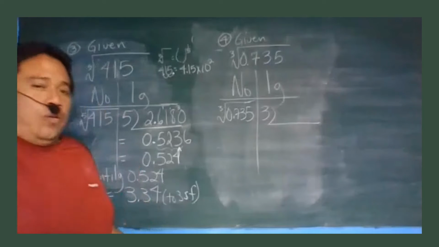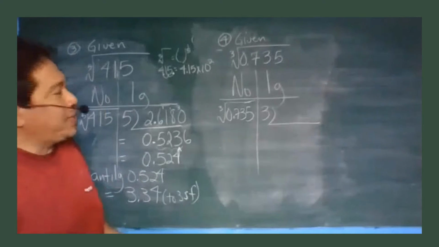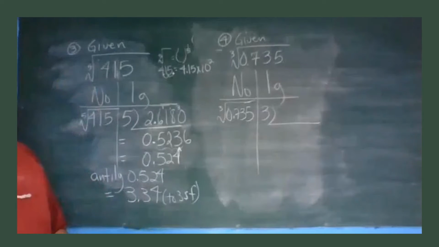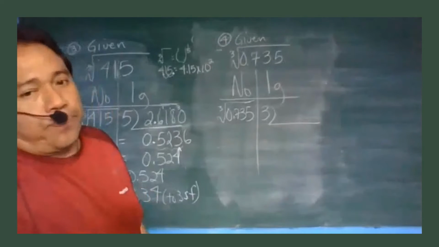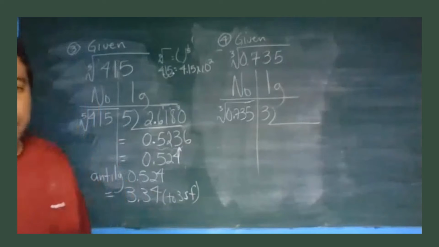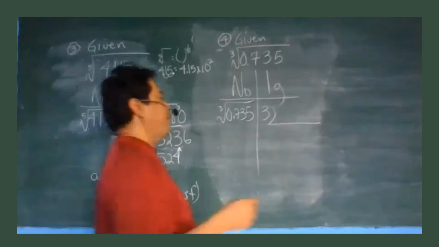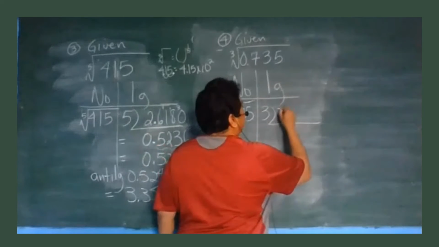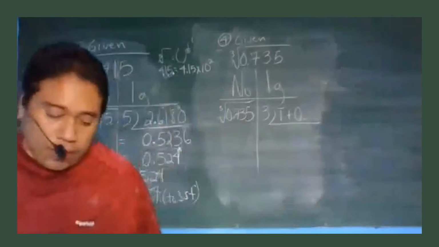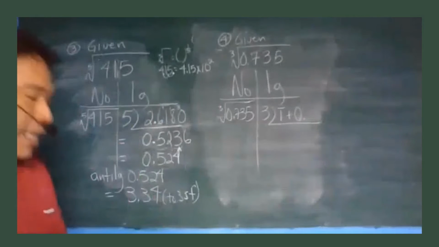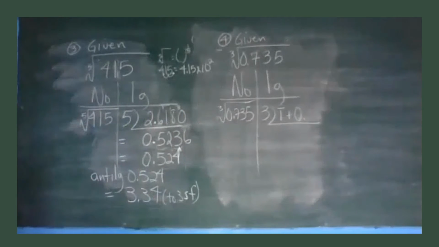Now, what is the characteristic of this number, 0.735? Yes, Ms. Mahamud, it's bar 1. Remember, whenever the value is negative, we cannot put them together.